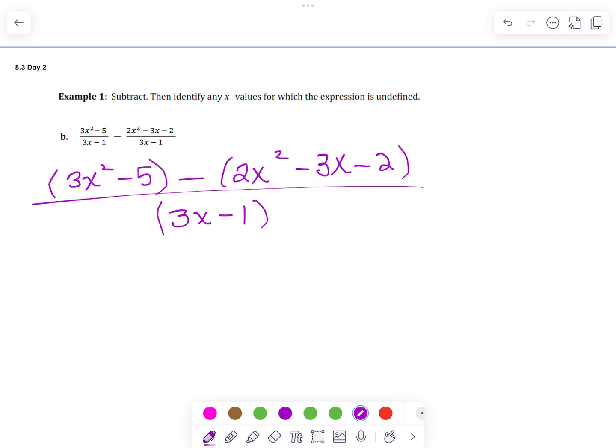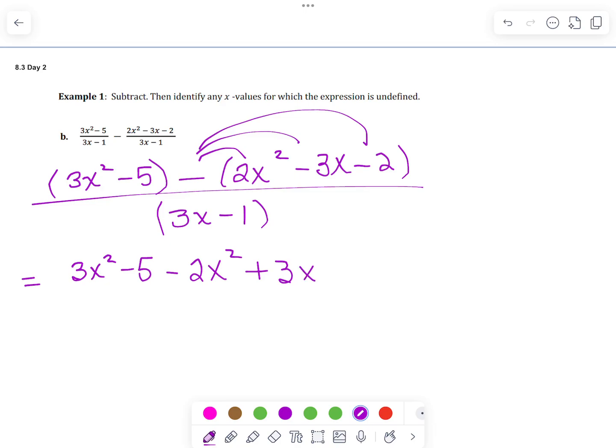Now we're going to simplify. So we have to drop the first parentheses. Now the second one, we have to change all of the signs. We're distributing through a negative 1. So that becomes a negative 2x squared, a positive 3x, and a positive 2, all over 3x minus 1.